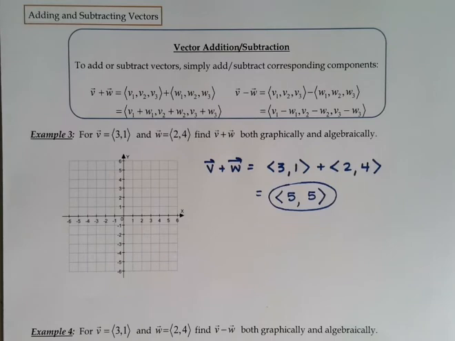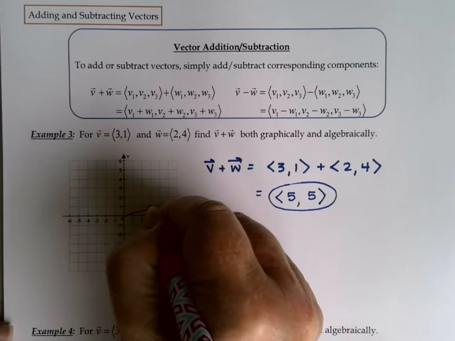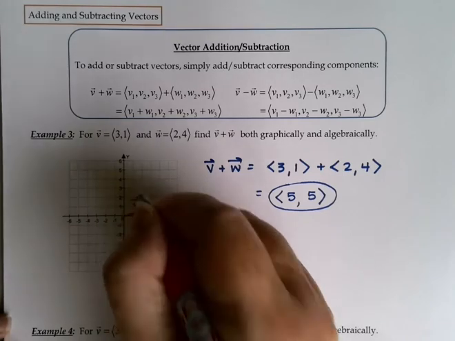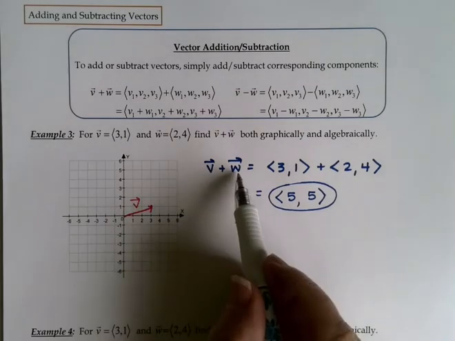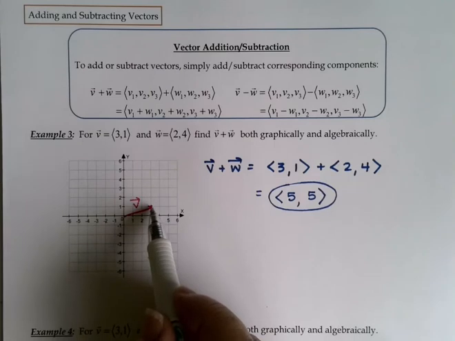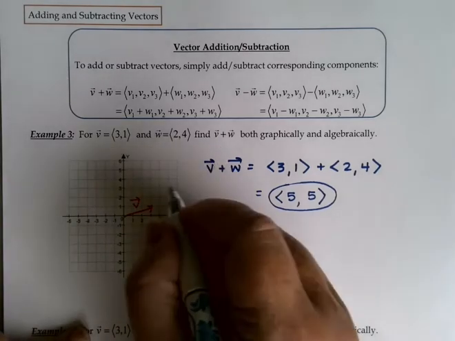I'm going to graph the vector v, 3, 1. And then I'm going to graph the vector w. But rather than start it in standard position, because I'm adding it to v, I'm going to start w where v left off. I'm going to start at the terminal point of v. w is supposed to go right 2 and up 4.